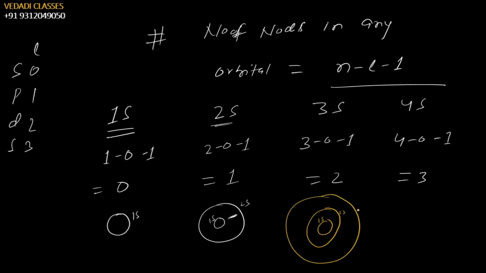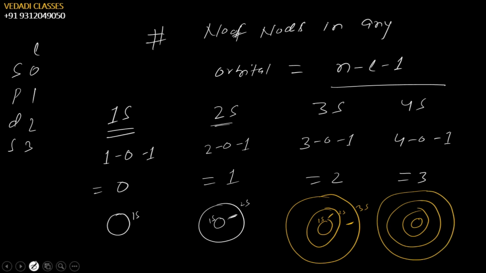There is one space between 1s and 2s, and another between 2s and 3s, so there are two nodes in 3s. In a similar way for 4s, with 1s, 2s, 3s and 4s, how many no electron zones are there? 1, 2, 3. So your answer is 3.